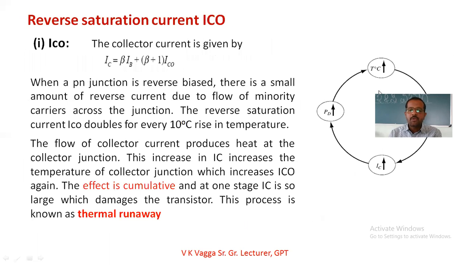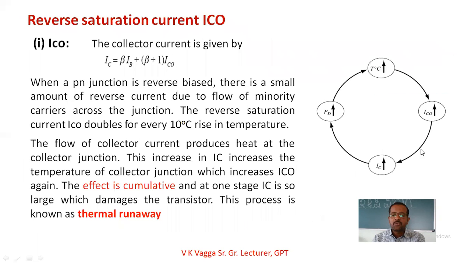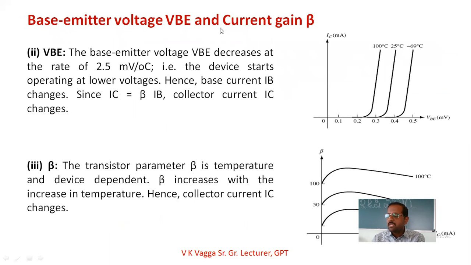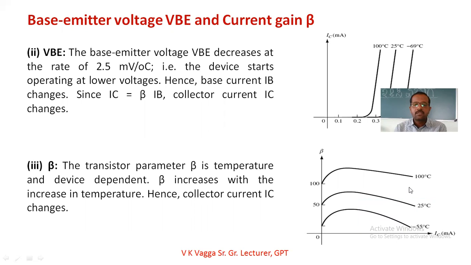In the ICO, an increase in ICO increases IC, which increases the potential difference, which again increases the temperature and the ICO, so it is cumulative. The VBE is going to decrease with an increase in temperature, and the beta is going to increase with an increase in temperature.